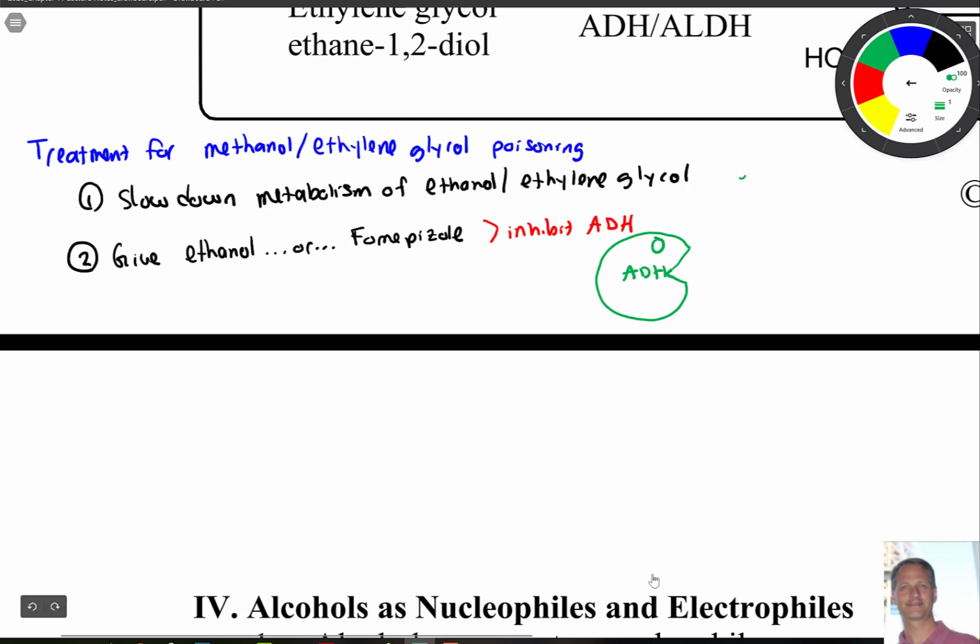So it has ethanol, it'll metabolize that, it'll metabolize methanol, and it will metabolize ethylene glycol. So if you've consumed a bunch of this, then Pac-Man comes over and eats that up and makes a poison, right? It makes formaldehyde.